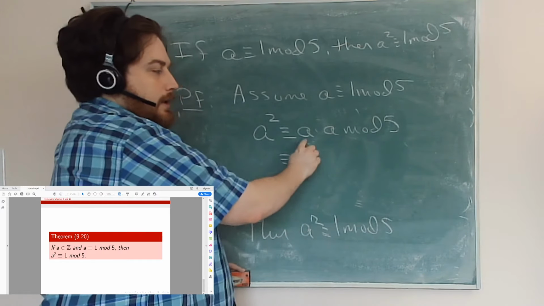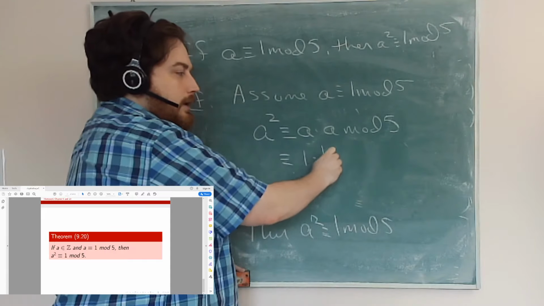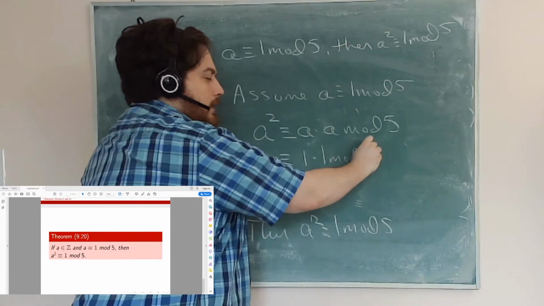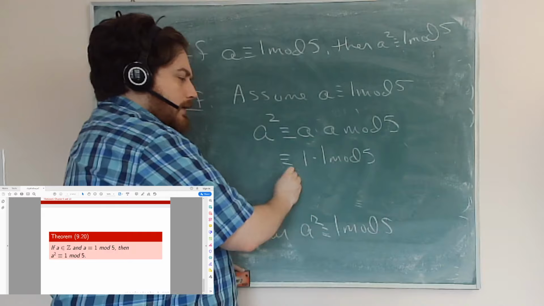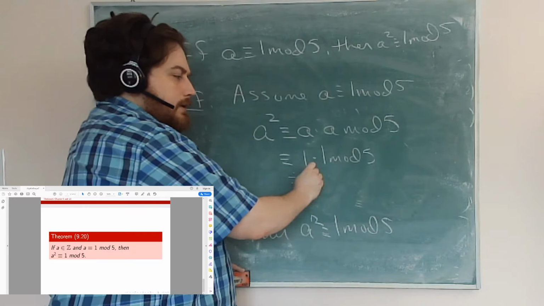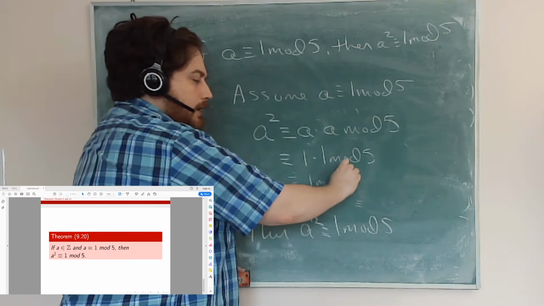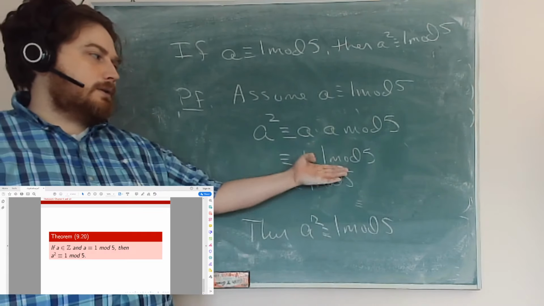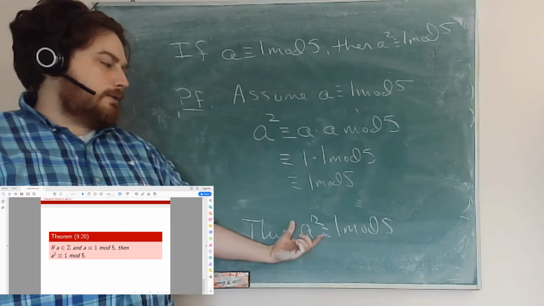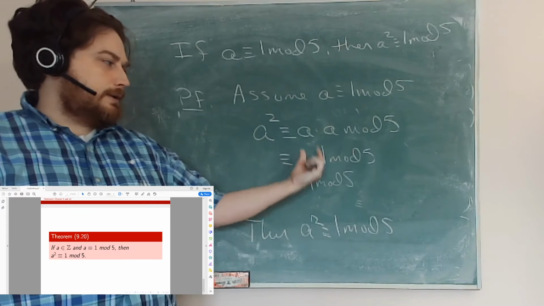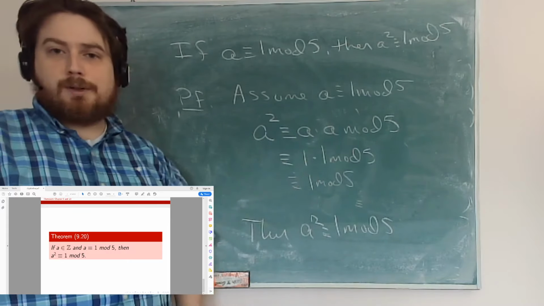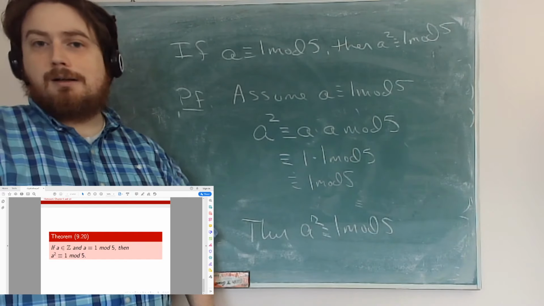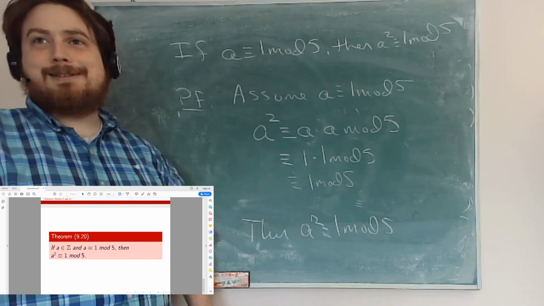So I can just write a is congruent to 1, a is congruent to 1, mod 5, but 1 times 1 is just 1, mod 5. And so this one follows out very quickly. a squared is a times a is 1 times 1 is 1, and then we're done. That makes that really easy, doesn't it?